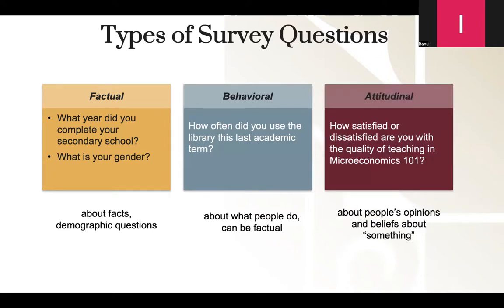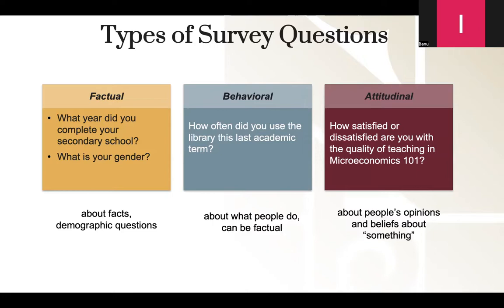And the third type is attitudinal questions. Basically, these are questions that are interested in people's opinions and beliefs about something. One of the most common examples is the satisfaction questions. How satisfied or dissatisfied are you with the quality of teaching in a certain course?